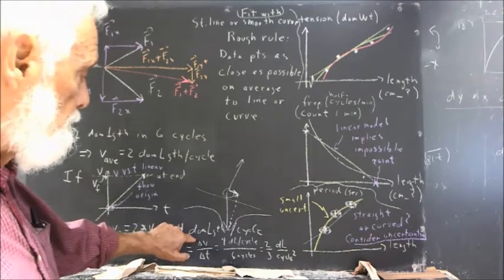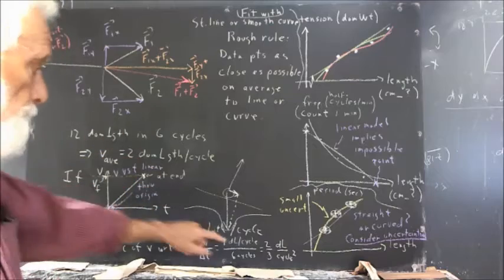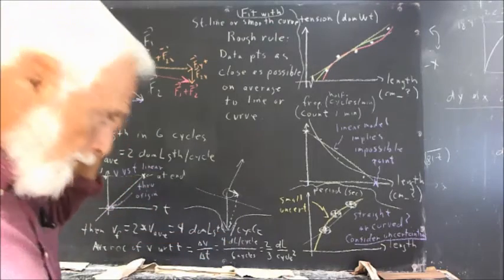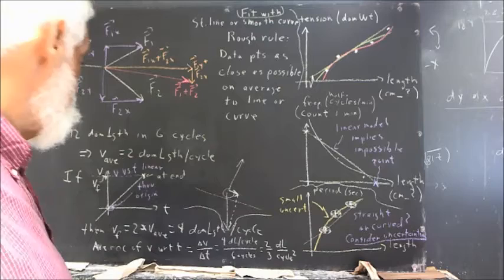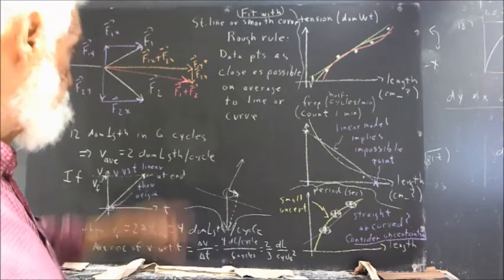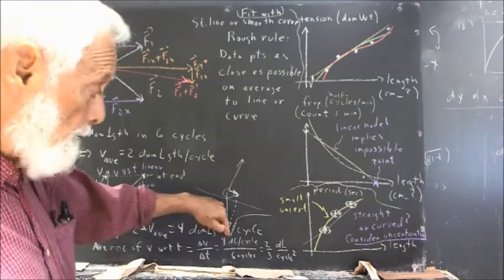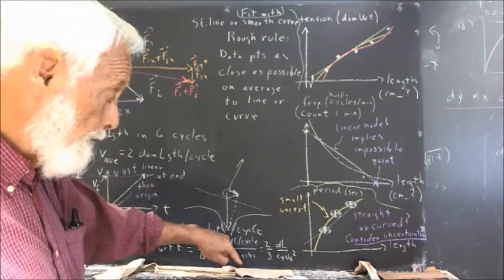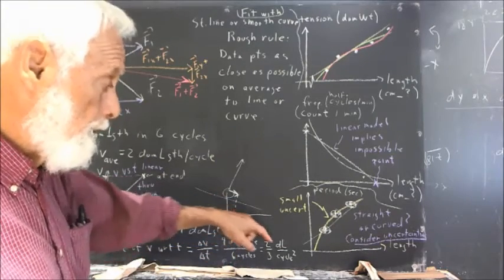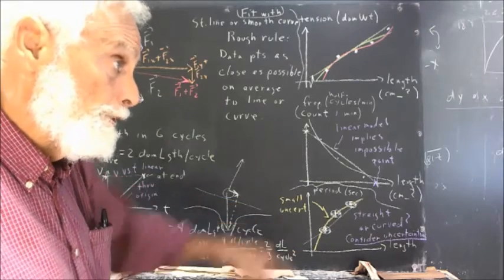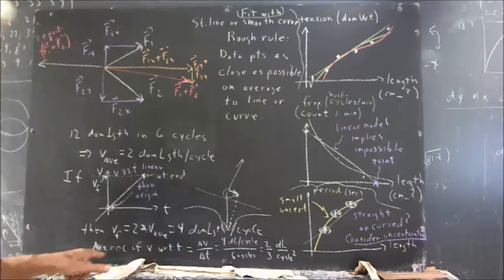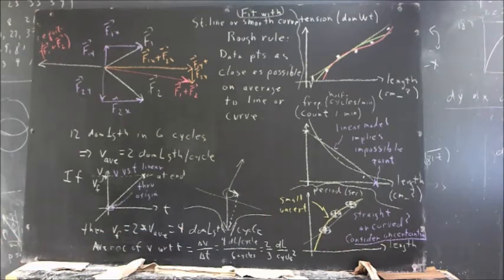So, change in velocity, well, starts at 0, ends up at 4 domino lengths per cycle, and the time interval is 6 cycles, so that 4 over 6 is 2/3, and we have domino lengths over cycles divided by cycles. Now, that's going to give us domino lengths over cycles squared.